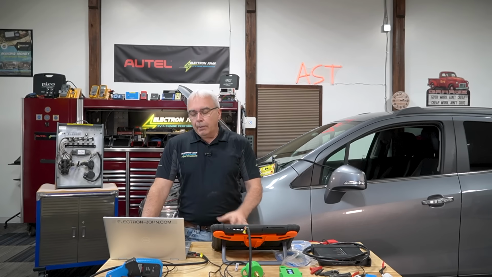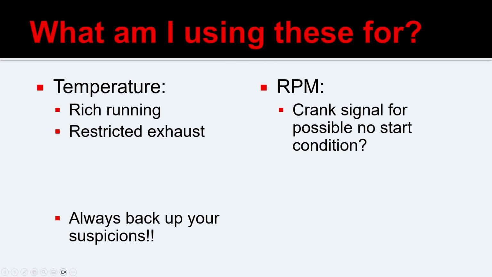I'm also looking at my RPM sensor, right? My RPM sensor is telling me conditions for crank signals. Here's a prime example of this. Let's say it's a no start and the car cranks over fine. Well, we all know that we need an RPM signal so that the fuel injectors can start spraying fuel, the spark plugs can start firing, and everything else.